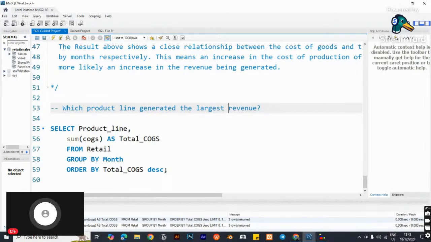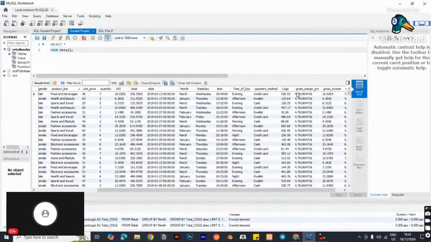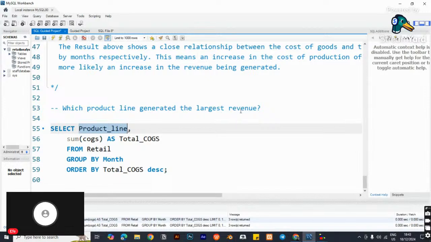So remember I said we are retrieving the column product line that this question refers to. However, we want to gauge it with a metric. We want to see it. When I made use of this example, credit card, we have to see a metric answering the question as to largest revenue.